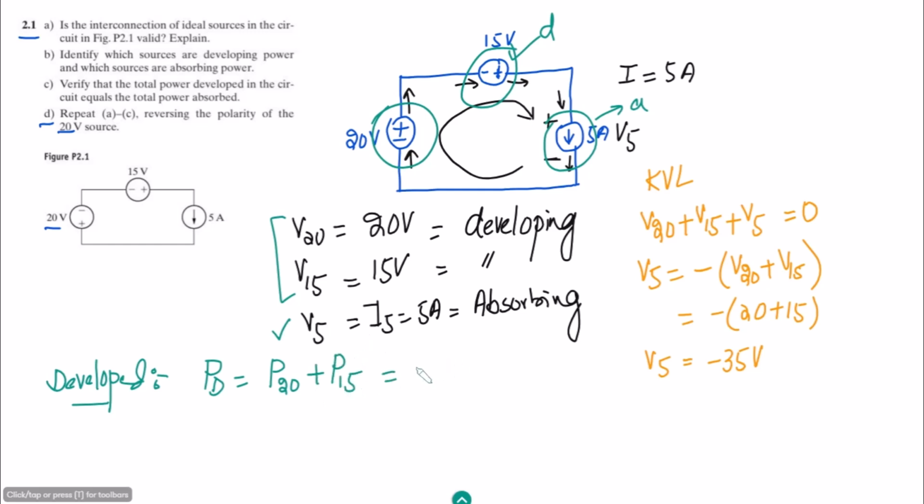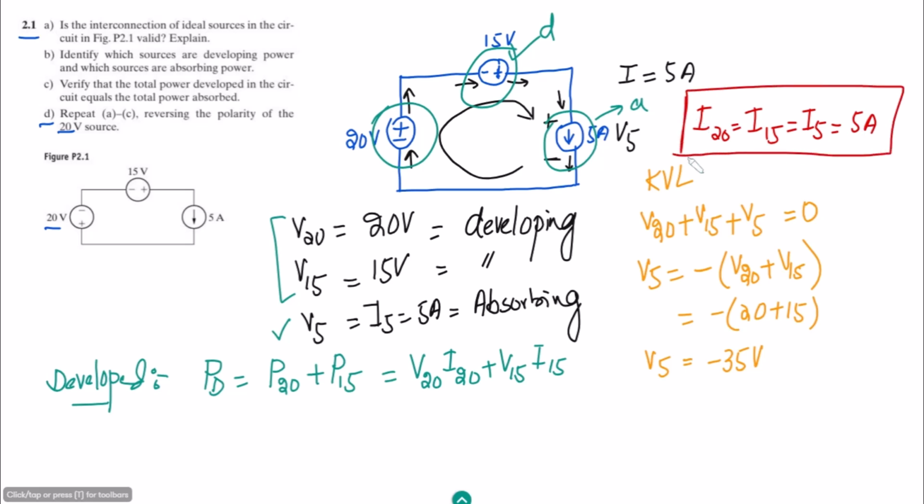This is V20 I20 plus V15 I15, and here it is understood that in this series circuit I20 is equal to I15, and that is equal to I5 as well, and that is 5 amperes. Okay, you have to keep it in your mind.